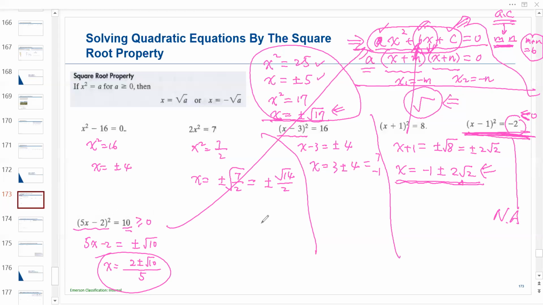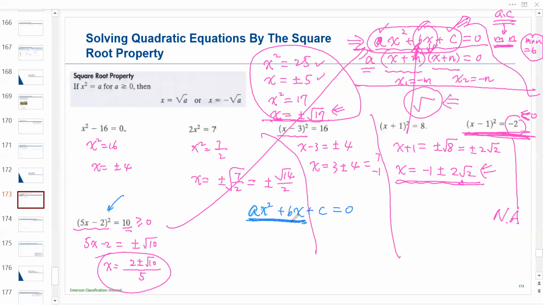All right, so what does it mean for ax squared plus bx plus c equals 0? We have some way to make it work. We can make it this way. Make any number of this part into a perfect square first.